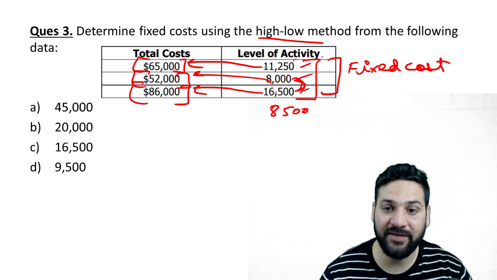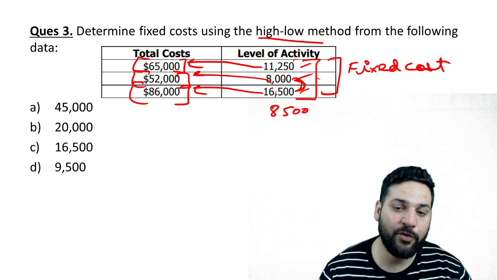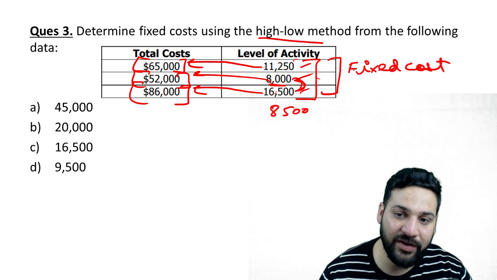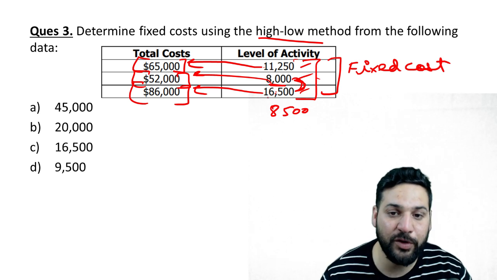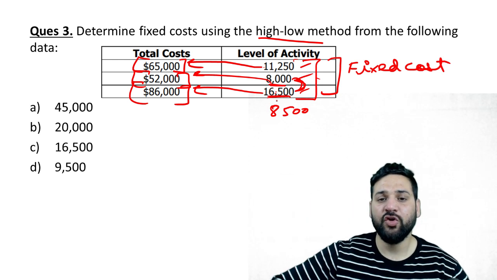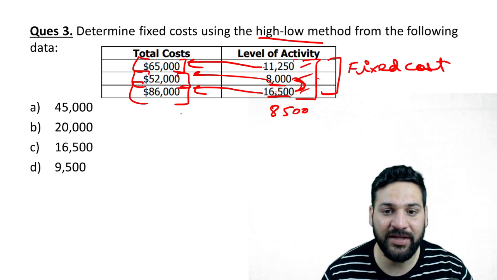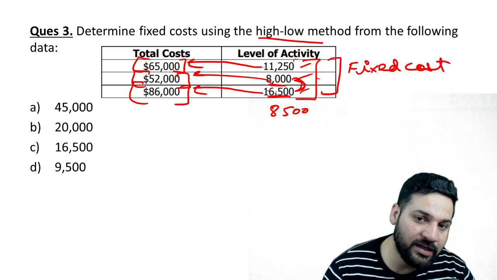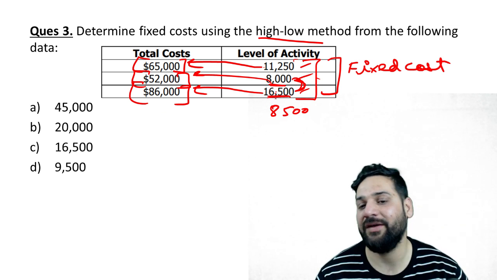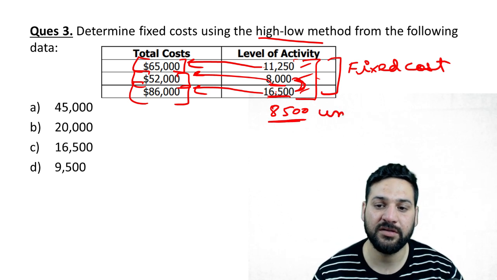The fixed cost is the same, but the variable cost is not the same. For producing 8,000 units, the fixed cost is there. For producing 16,500, the same machinery, same plant is there. Just deduct 8,000 from 16,500 for producing additional 8,500 units.